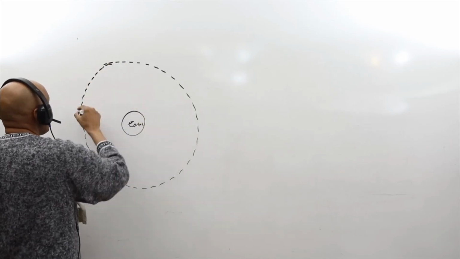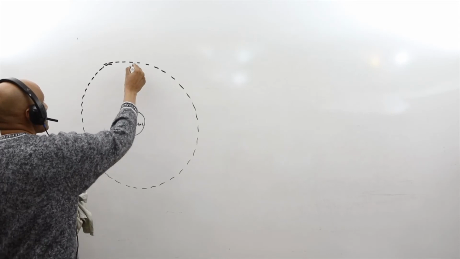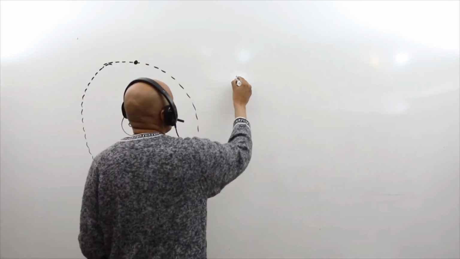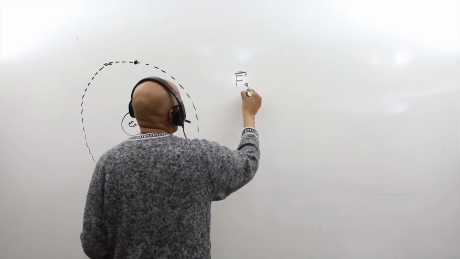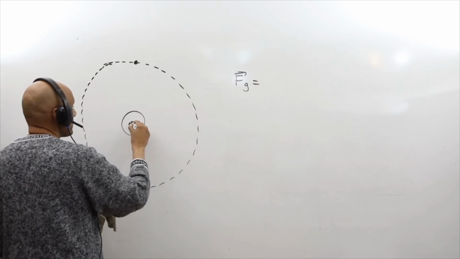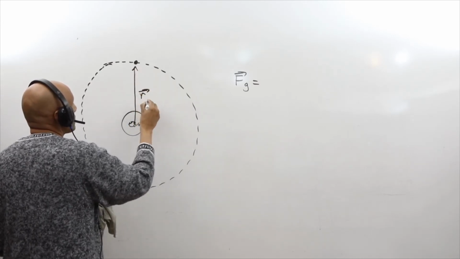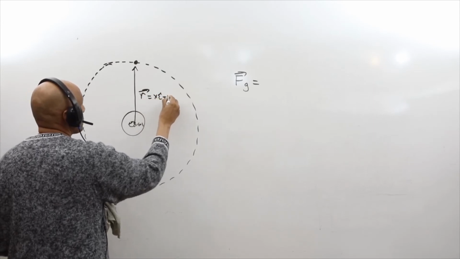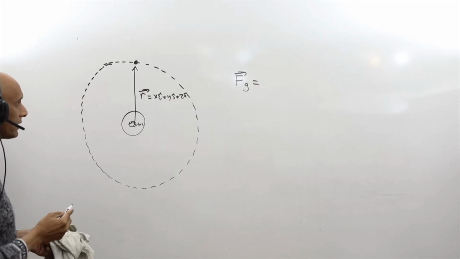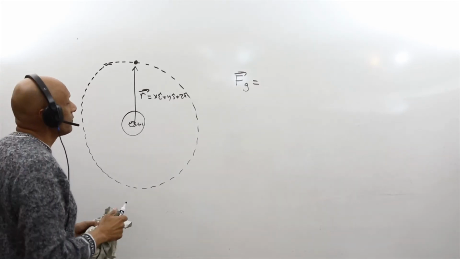And there's a satellite going around in a circle, and all I know is the force of gravity on this small little satellite. I'll assume the Earth is at the center of my coordinate system. Here is my r vector, which is xi plus yj plus zk. I'll always use r for the radial vector.